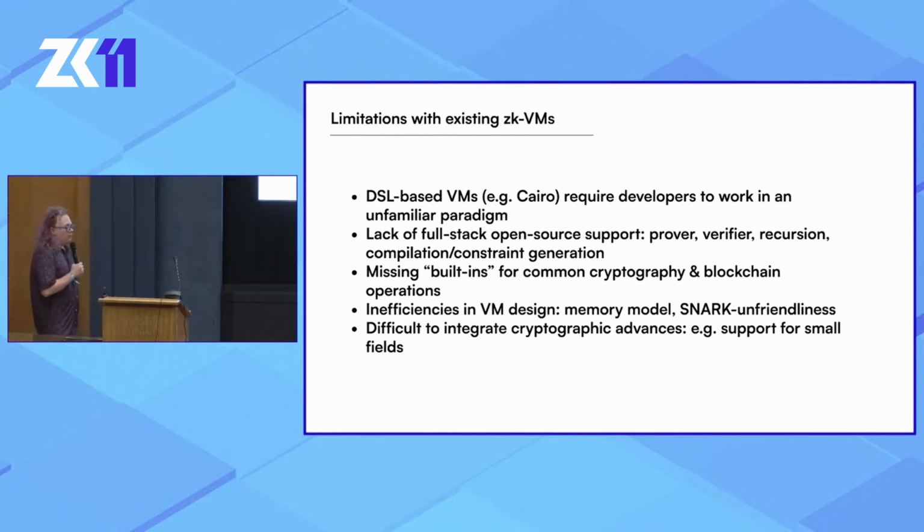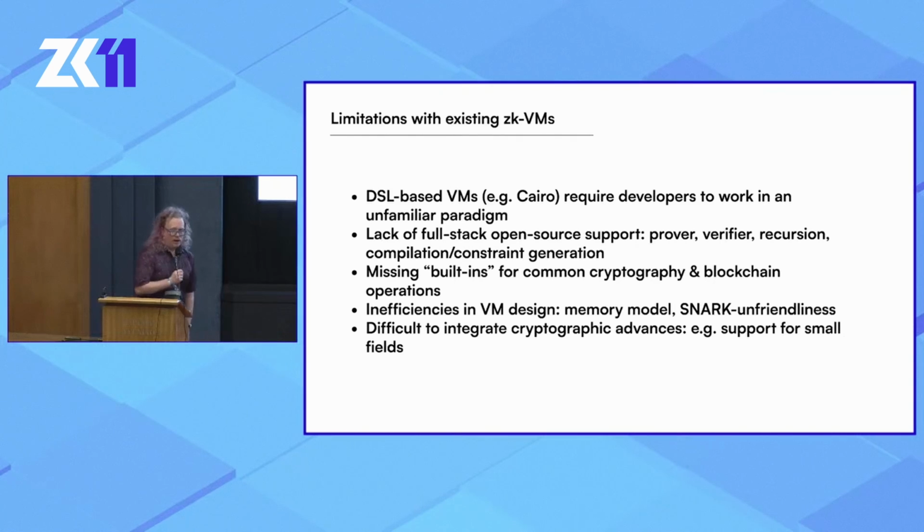As well, some of the VMs on the market today do not have full open source support for all parts of the stack, by which we mean not just the core components of the verifier and prover, but including things like proof aggregation, proof recursion, and constraint generation. So many of the other systems around have some of these, but not all of them open source.